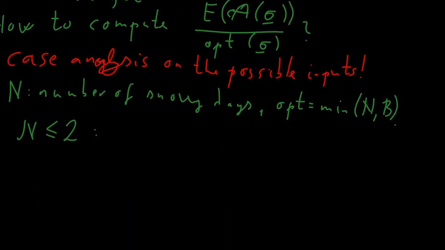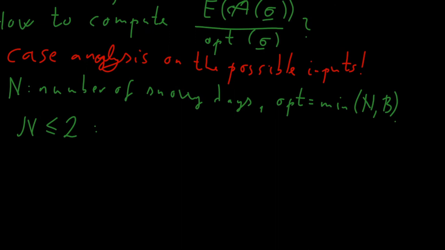Which means that in this case the cost of the algorithm on sigma is definitely n. So if there is only 1 snowy day, then we pay 1 renting cost, which is the unit cost, so it's 1. And in the case of 2 snowy days, I'm also just spending 2 amounts of money.